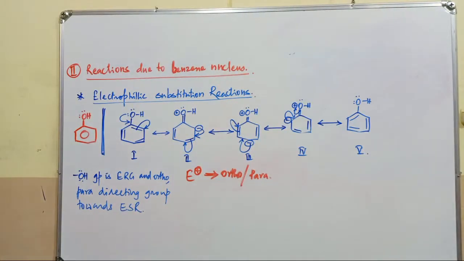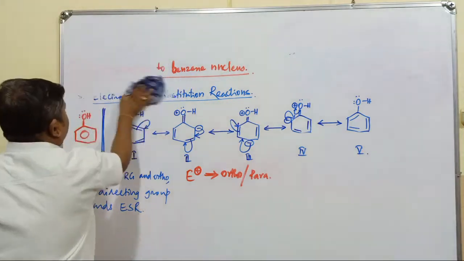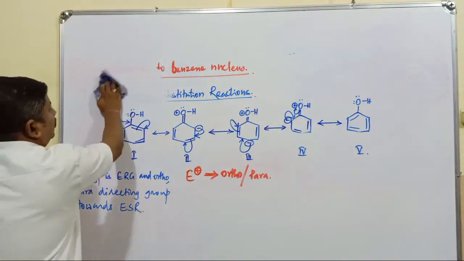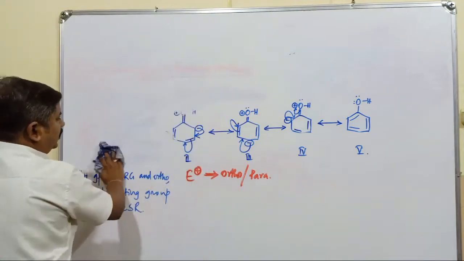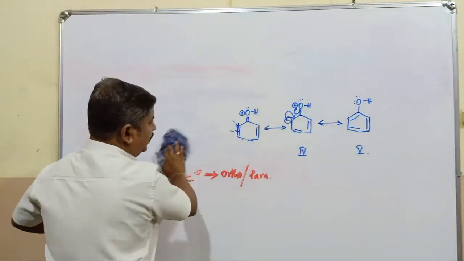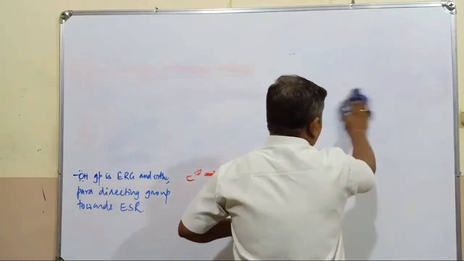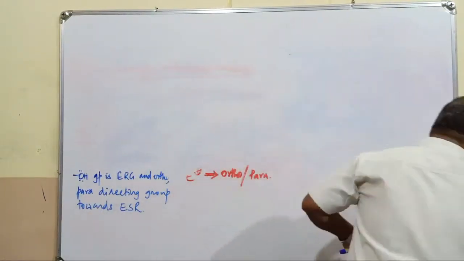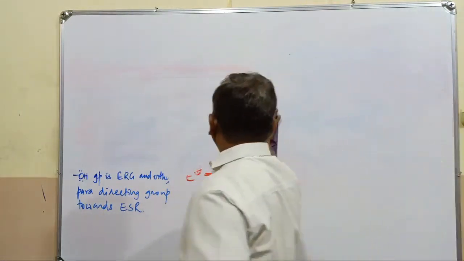Make it fast. We can copy from yesterday's resonating structure to discuss the SB property, or in today's class also. So resonating structures are very, very important to identify the directive nature of the group.